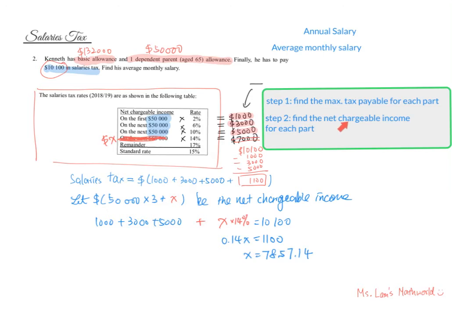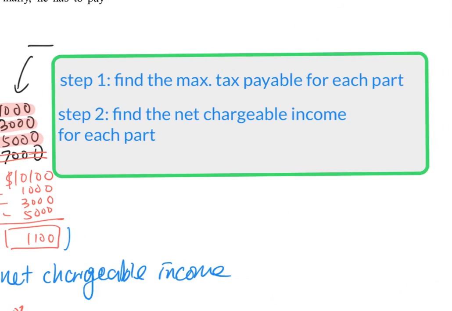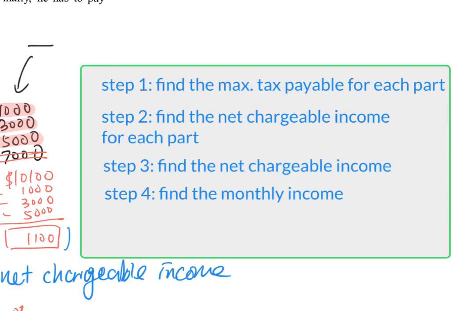So we have completed finding the net chargeable income for each part. 3 parts plus this, you get the last part. Then we go to the final 2 steps. They are to find the net chargeable income, which means we add all of them together.